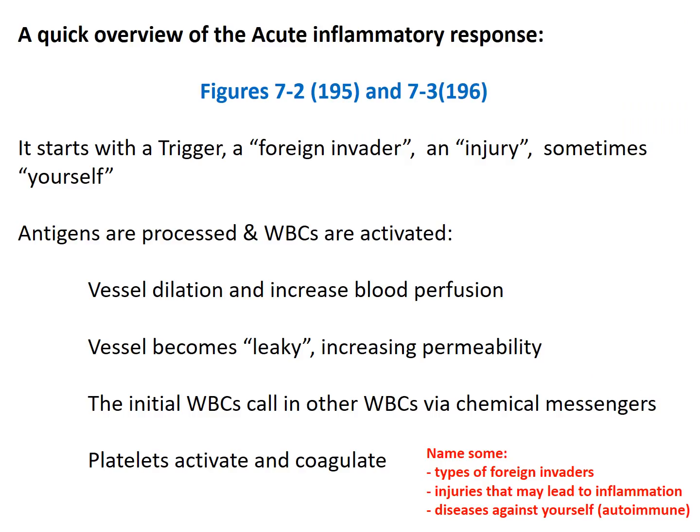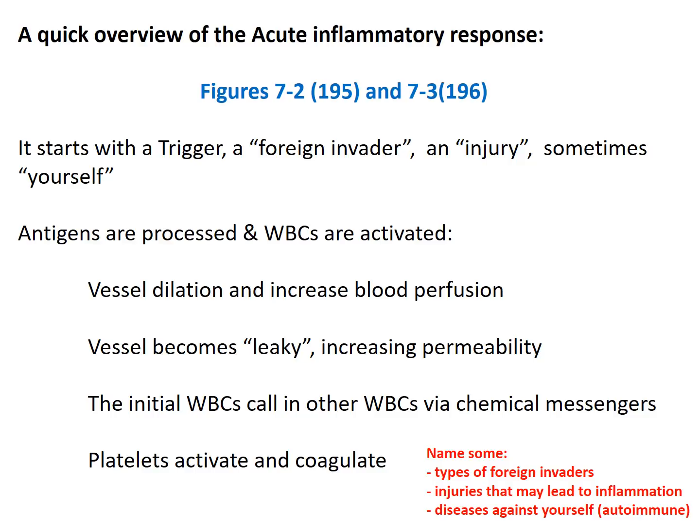Everybody has had an inflammatory process happen to them. Everybody has seen inflammatory processes in their patients. The inflammatory response is fairly complex. We're going to break that down into some simplistic stuff here over the next couple of slides. I would like you to take a look at these two figures on pages 195 and 196 to quickly review that acute inflammatory process.